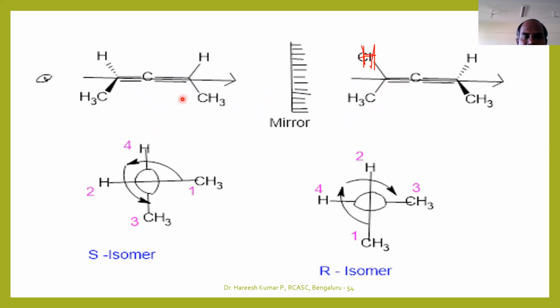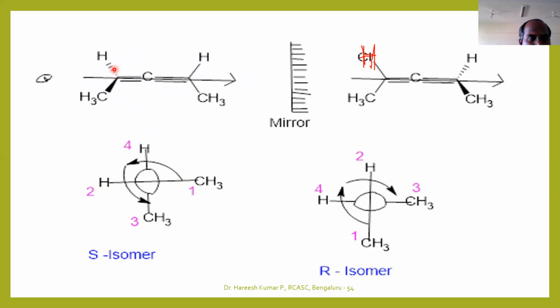Suppose if you want to find out the R and S configuration of these two moieties, how can you do it? So you can observe that this is a chiral axis moving from this carbon to this carbon. When it is moving from this carbon to this carbon, these two groups are the nearer groups, and the rule is that nearer groups take the first priority compared to the far groups.